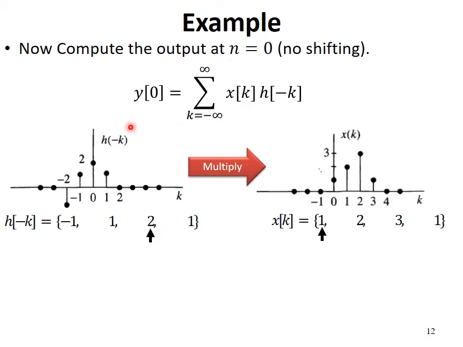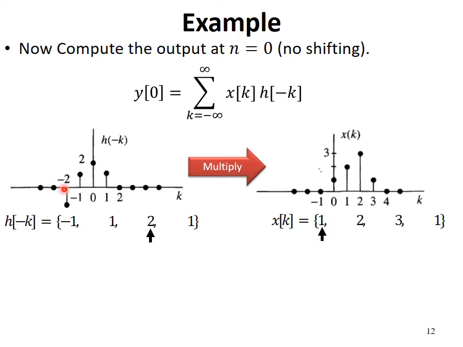So now let us multiply h of minus k with x of k, right? Multiplication, as you know, would be the sample at 0 multiplied with the sample at 0 of x of k. Similarly, sample at 1 of h of minus k would be multiplied with the sample at 1 of x of k, right? So multiply the samples which are synchronized time wise, and then find out the result.